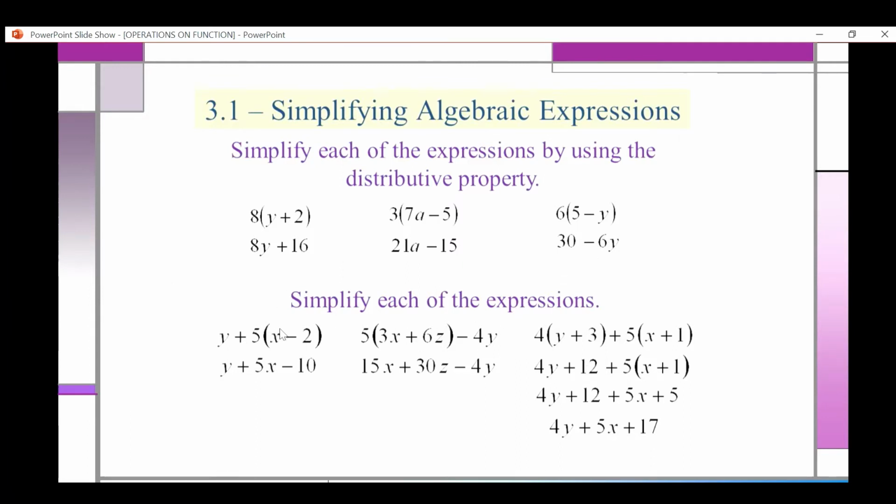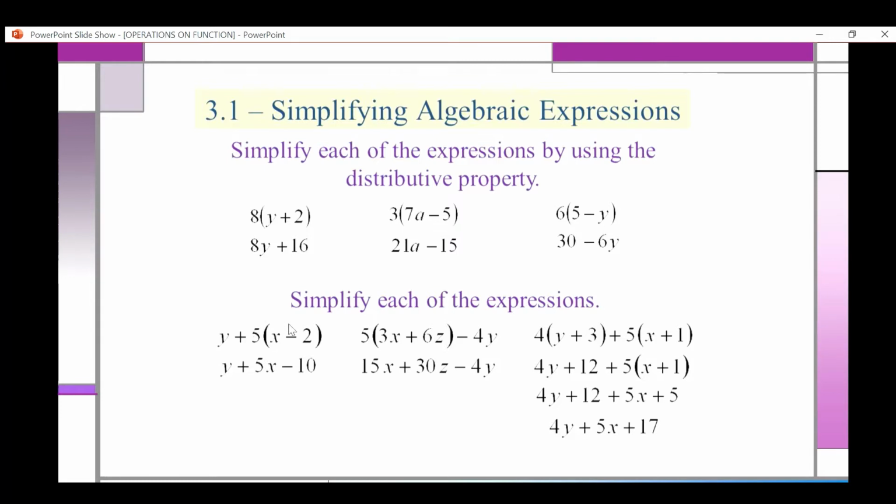So, pag magsisimplify tayo ng expression, applying pa rin the distributive property, ganito yung mas complicated. Dito sa pinakauna, y plus 5 times x minus 2. Ganun din. Distribute lang natin si 5 kay x minus 2. So, copy y here. 5 times x, that's 5x.